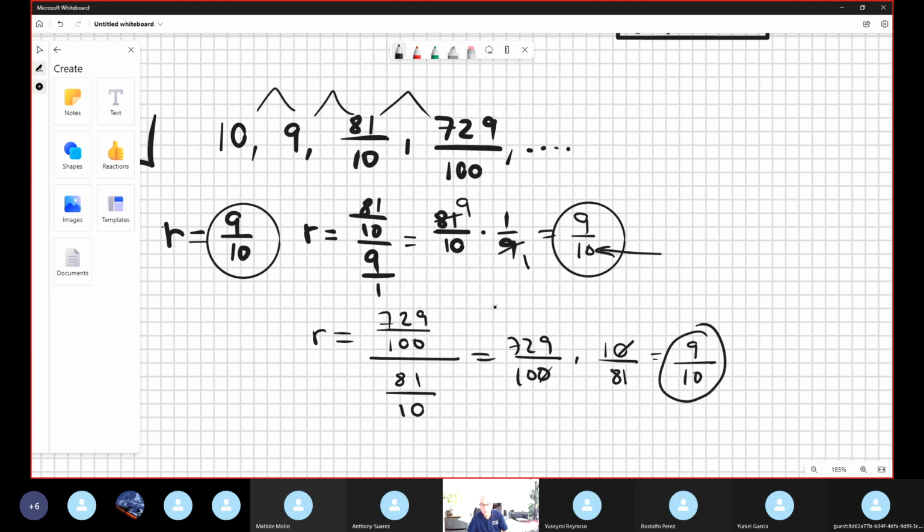What a fantastic conclusion: the common ratio is the same, therefore this is a geometric sequence.